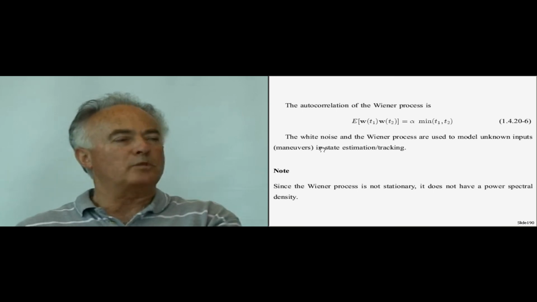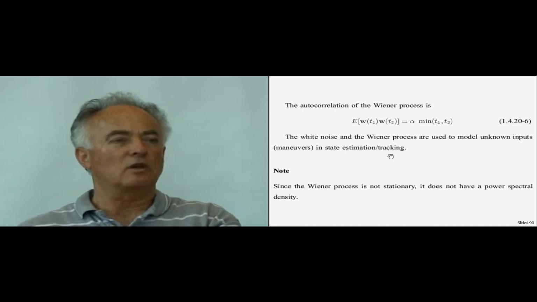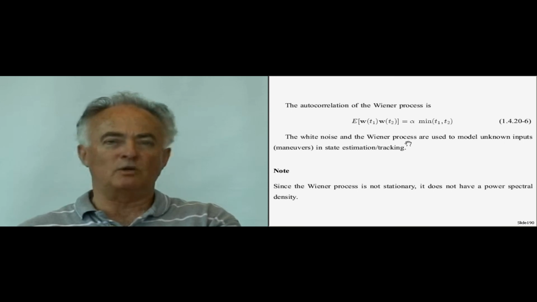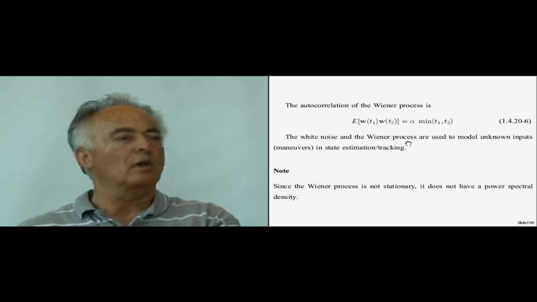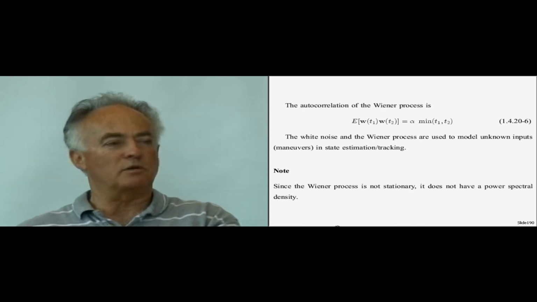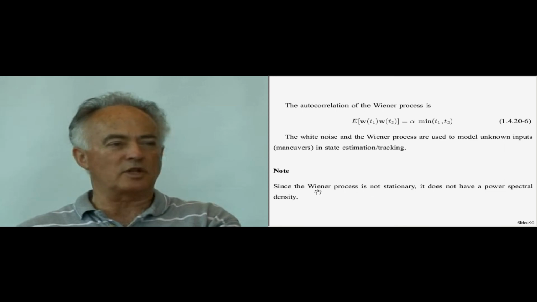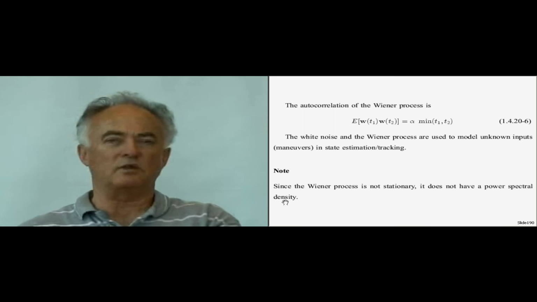We use white noise and the Wiener process to model unknown inputs in state estimation and in control, because we don't know certain inputs, so we will model our ignorance by some statistically described process. It's important to remember that since the Wiener process is really not stationary, it does not have a power spectral density. It has an intensity that will be time varying.